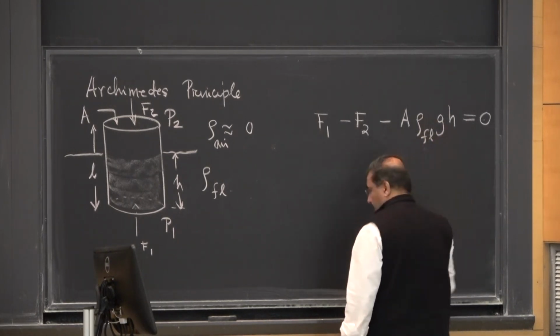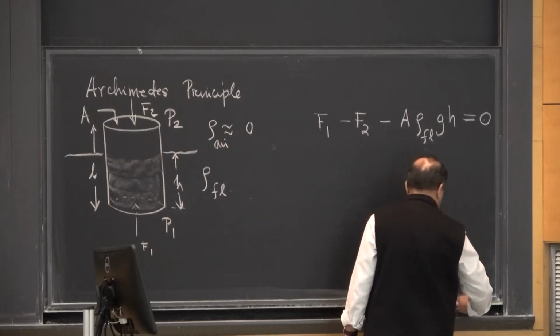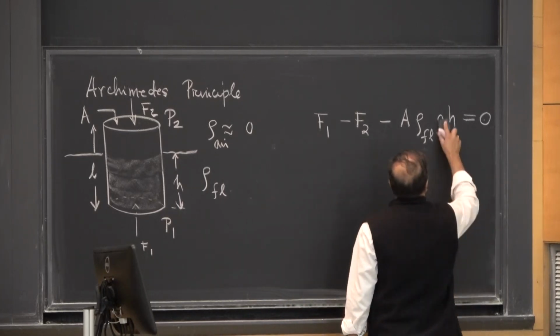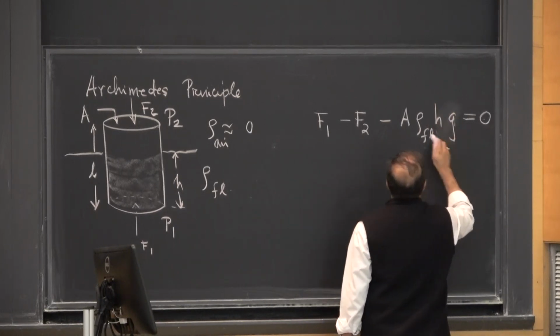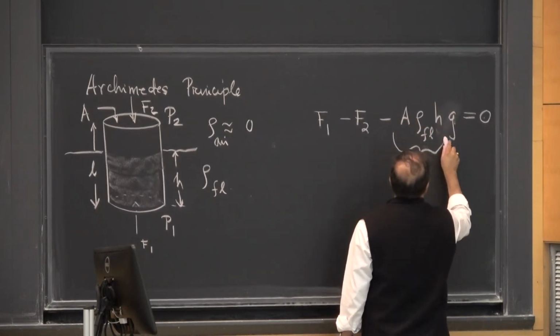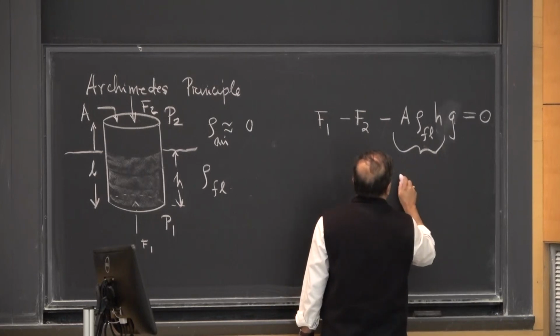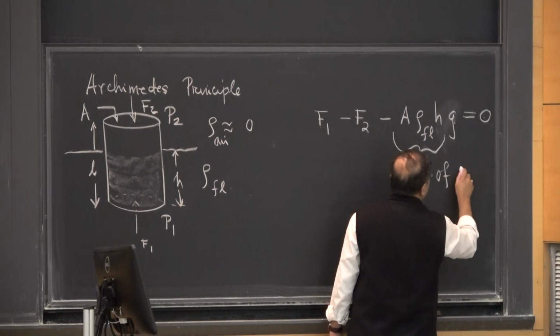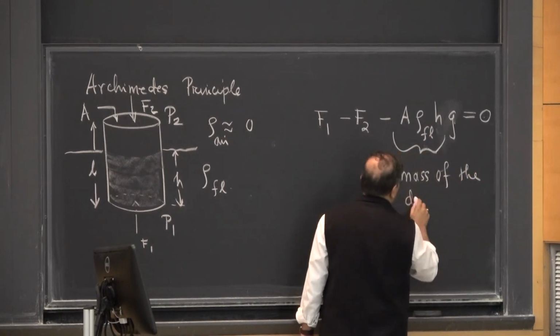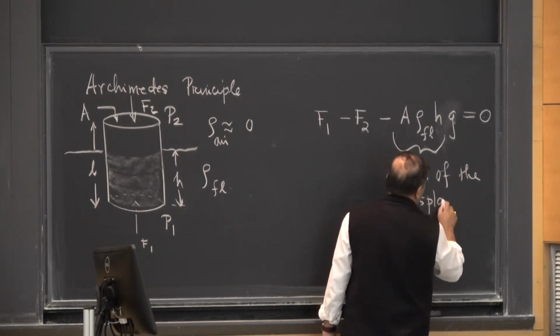Let me just rewrite it by writing the height here and then g. Then this is the piece which describes the mass of the displaced fluid because the cylinder is submerged.